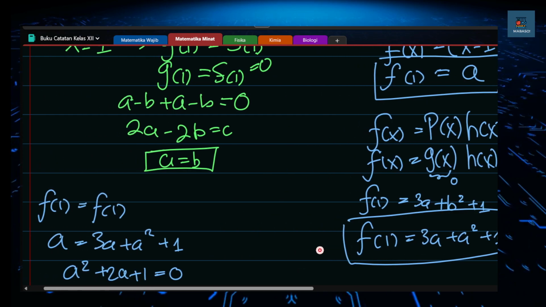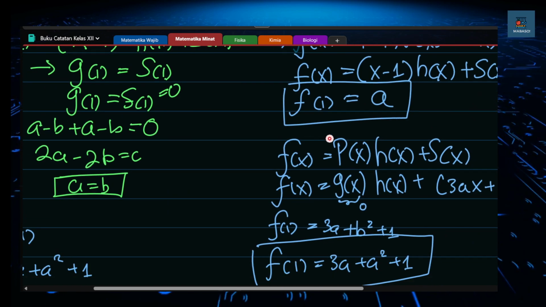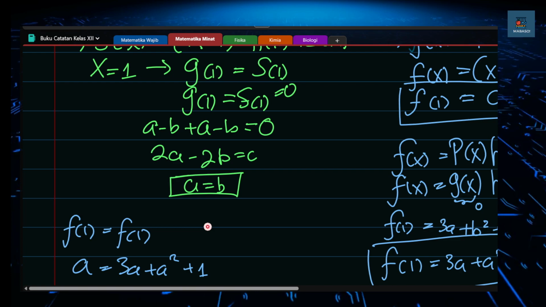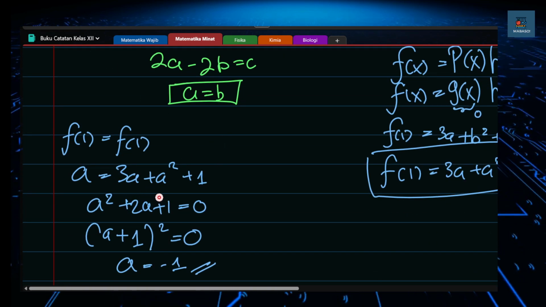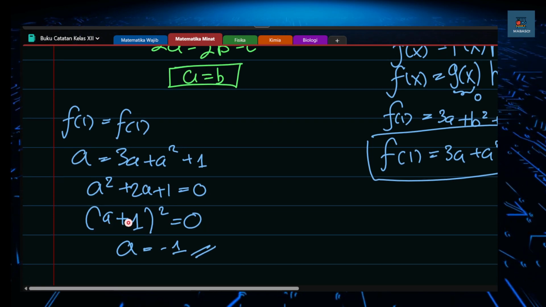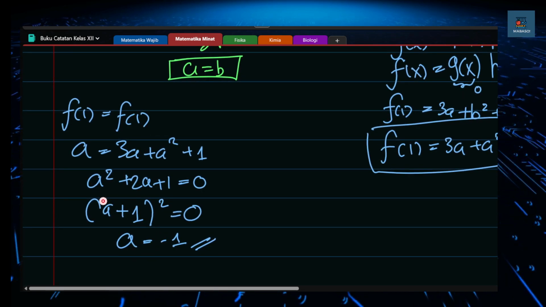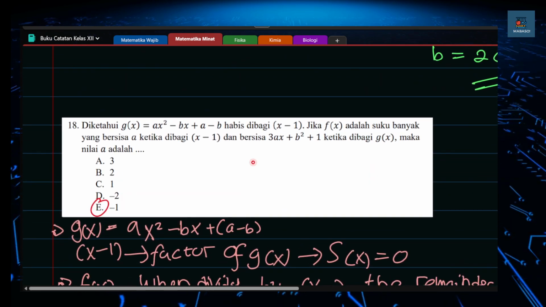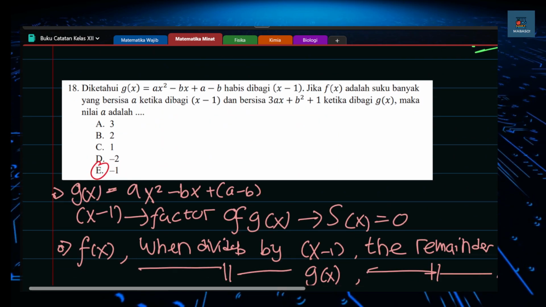So 3a plus a squared plus 1 would be equal to a, since they have the same value. And we could do some simple factorization. It would become a squared plus 2a plus 1 equal to 0, and this would be (a plus 1) squared equal to 0. That means the value of a for these equations to be true is a equal to minus 1. Then we find the value of a would be minus 1.